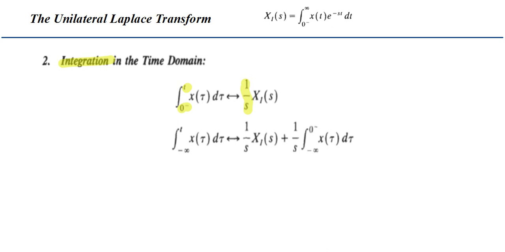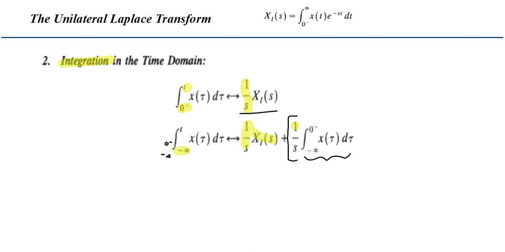But if the integration starts from minus infinity to t, we need to write an extra term, the same kind of term which we explained here. That is 1 by s into the value of the integral from minus infinity to 0, or 0 minus. In that case we need to consider it separately.